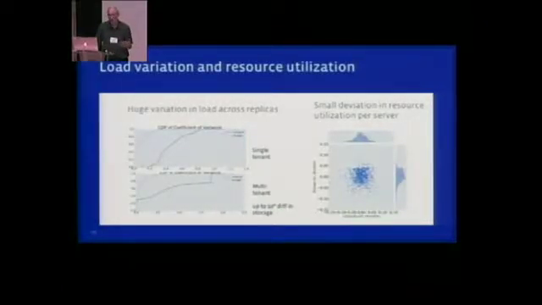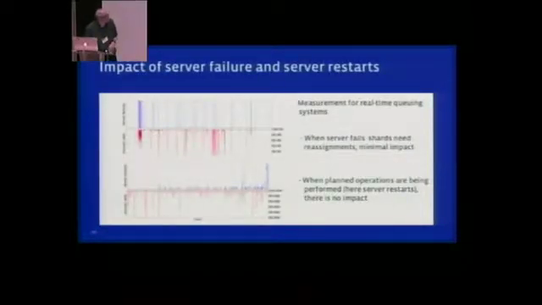What we wanted to achieve is that there's only a small deviation in the load in total, and this is what the graph on the right shows. What we also wanted to achieve is that the system is failure tolerant. So if a server is suddenly down, we automatically move the shards away from that server. This is the first graph, which shows that when a server fails, we still see a minimal impact.